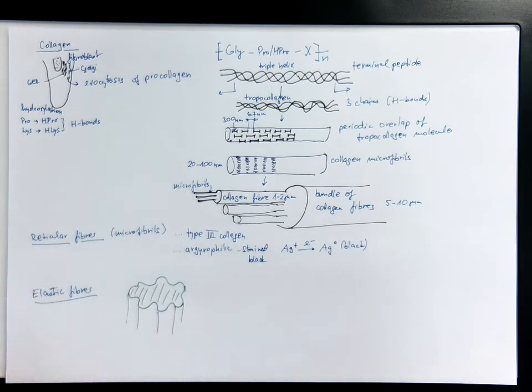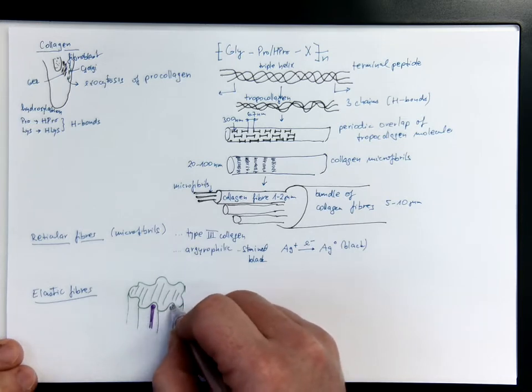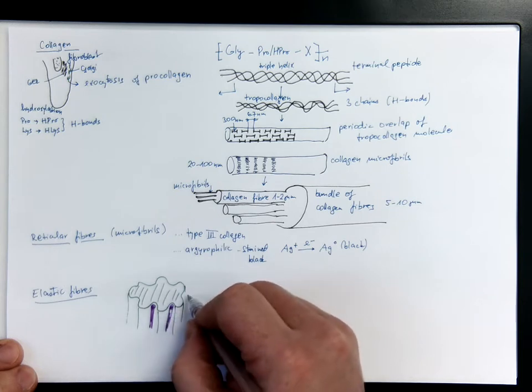And this elastin core is surrounded with many microfibrils made of another protein called fibrillin.